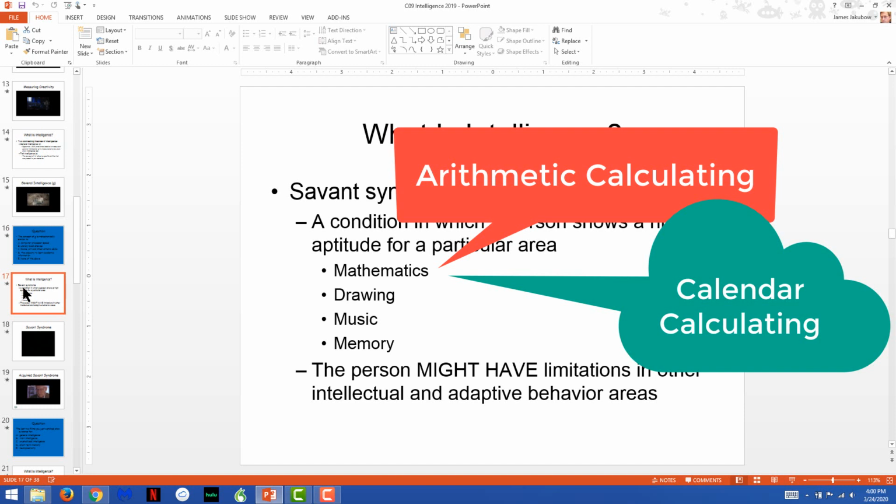Notice, though, that you don't have a capacity for abstract reasoning in mathematics. So anybody that's actually a savant in mathematics is no more likely to become a math professor than anybody else from our classroom. To get to the level of mathematics professor, you have to deal with a lot of abstract concepts. And abstract concepts are not a part of what you would refer to as a savant in mathematics.